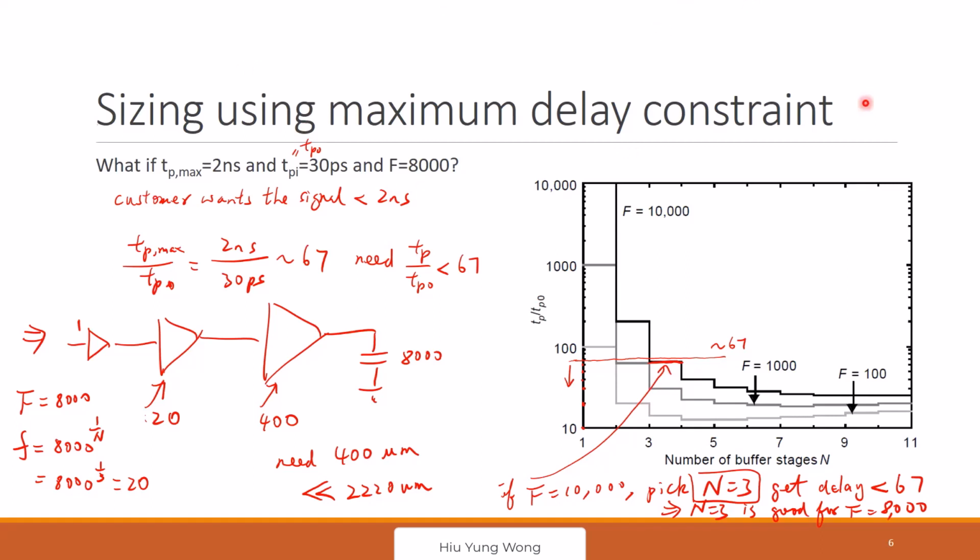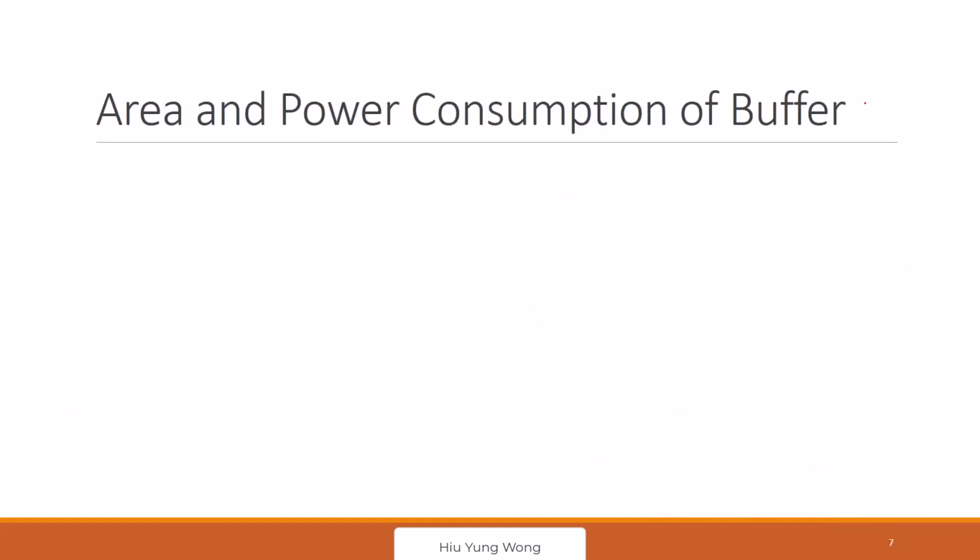Okay, let me move forward if you're okay. We have been trying to understand how to optimize the delay, but how about area and power? What we are trying to do is come up with some equations, and then understand how to optimize them.